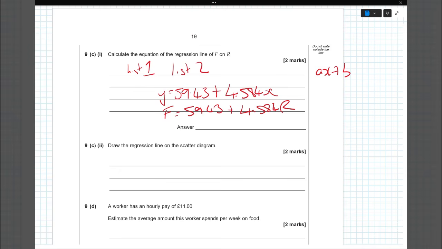To draw the regression line on the diagram, I subbed in r equals 7, and what came out for me was F equals 91.52. We then had to sub in 18, and I've lost that on my calculator, so I need to recalculate that one.